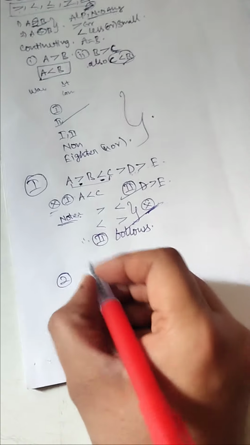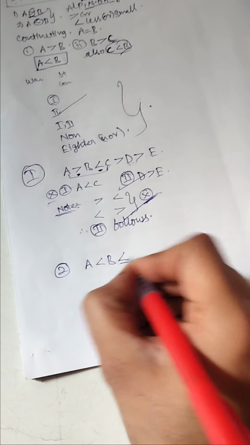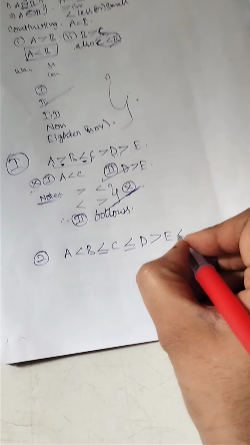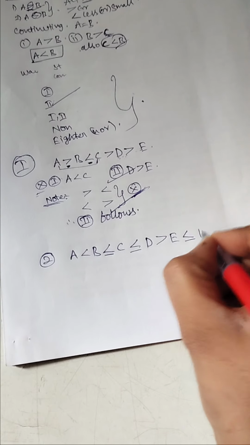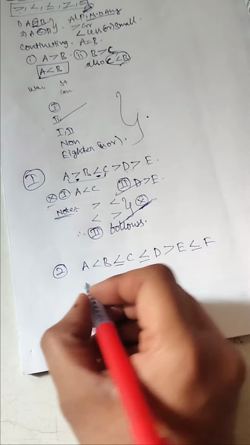Second problem: a less than b less than c less than d greater than e less than f. Here is one more point we should learn.